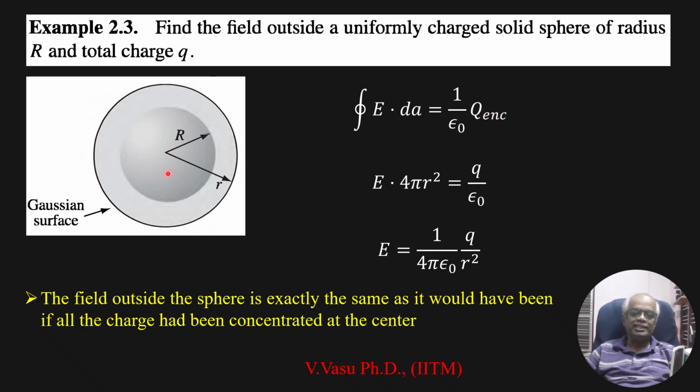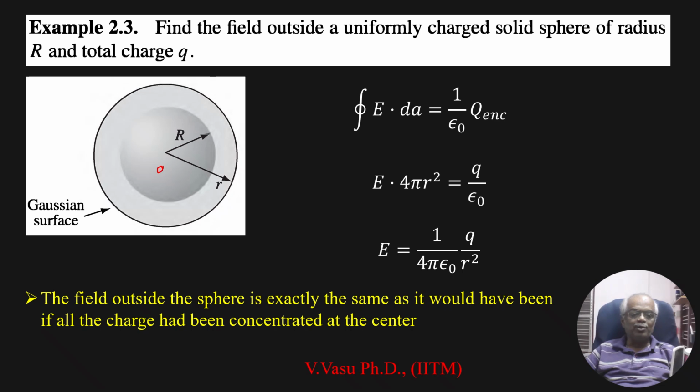So you are considering a point outside the sphere. See the small r. We are forming a Gaussian surface with the radius small r. The radius of the sphere is capital R, which is uniformly charged, so the total charge is Q.